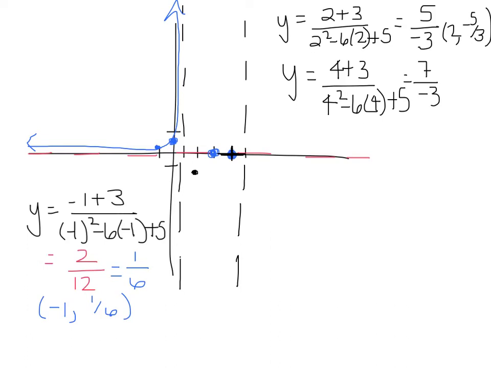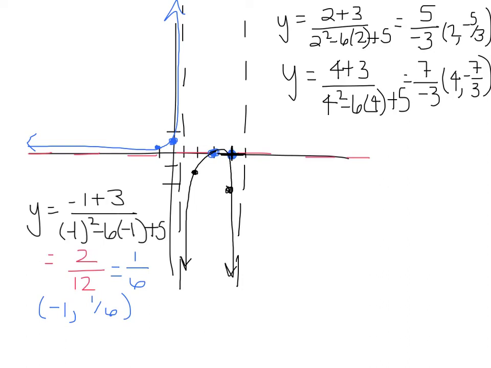So negative 7/3 is going to be a little past negative 2. So it's the point (4, negative 7/3). So since all of these points are down here in the bottom, it just kind of touches this. It might go up and through it a little bit, and then it comes back down.